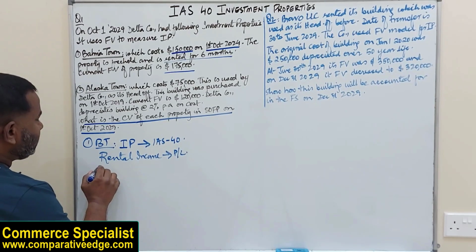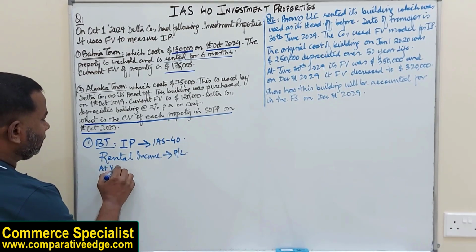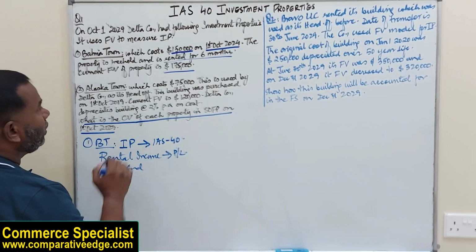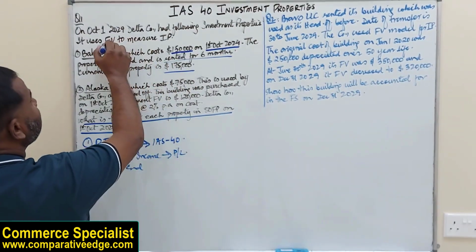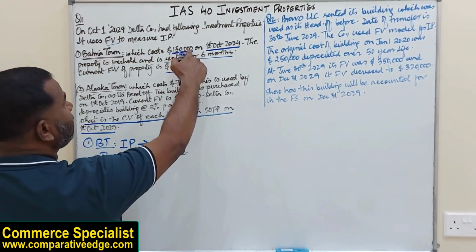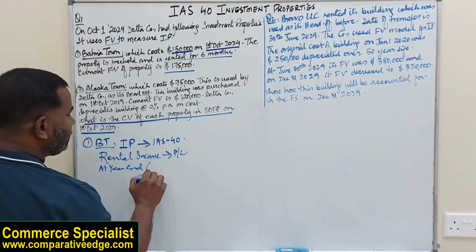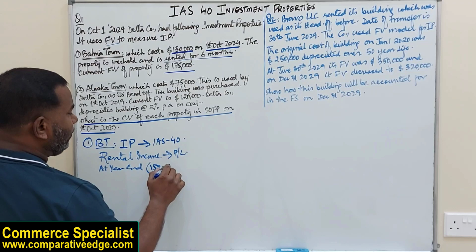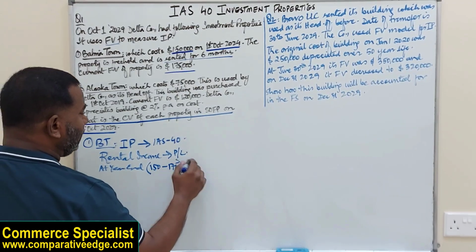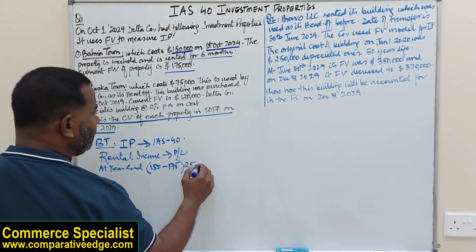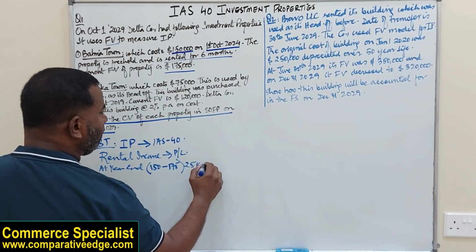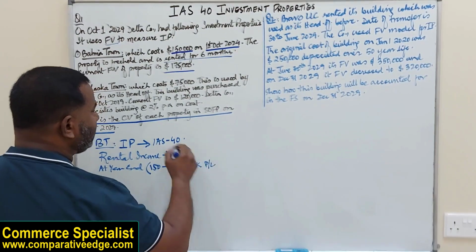At the reporting period, meaning at year end, because we are using fair value, the cost was 150, the fair value is 175. So the difference between cost and fair value is 25,000. This should be transferred also to profit and loss as per IAS 40.